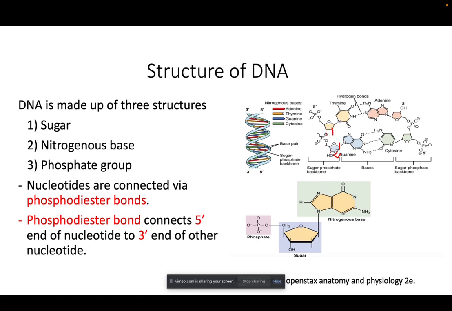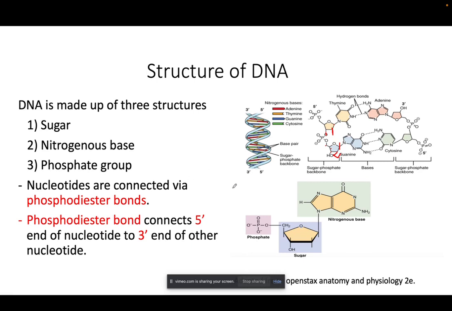As you can see here, this phosphodiester bond connects the 5 prime end of a deoxyribose sugar to the 3 prime end of another deoxyribose sugar. I mentioned ribose sugar earlier, but it's deoxyribose, and sorry for that. So this is the site where the nucleotides are connected to each other by phosphodiester bonds.